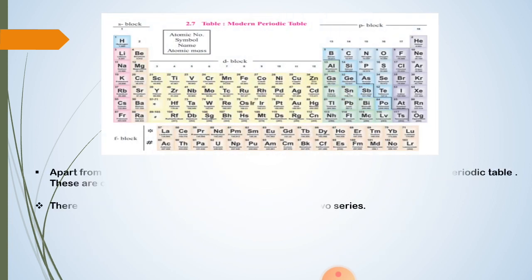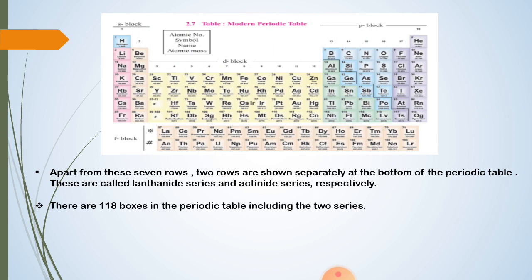Apart from these 7 rows, the 2 rows shown separately at the bottom of the periodic table are called what? Lanthanide and actinide series. There are 118 boxes in the periodic table including the 2 series.